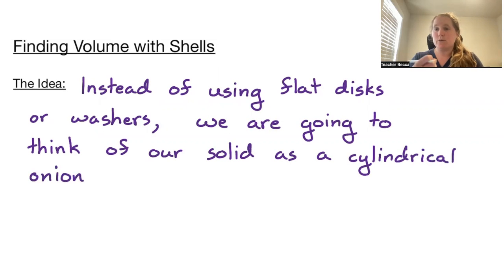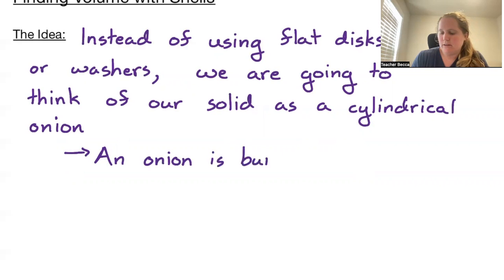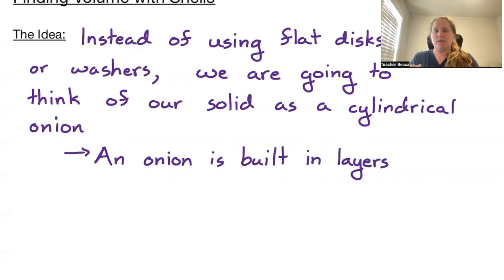So an onion, of course, has multiple layers, kind of one inside the next and inside the next. An onion is essentially built in layers, and so we think of spherical shells.